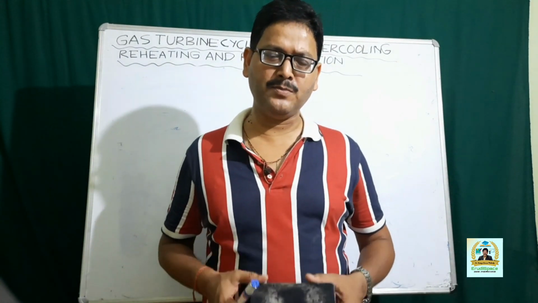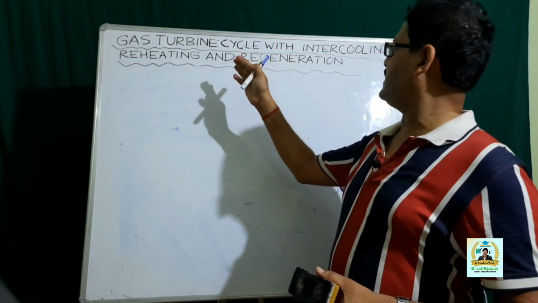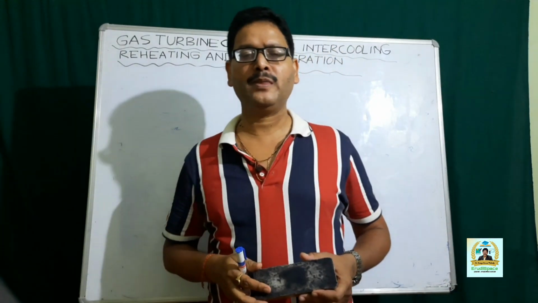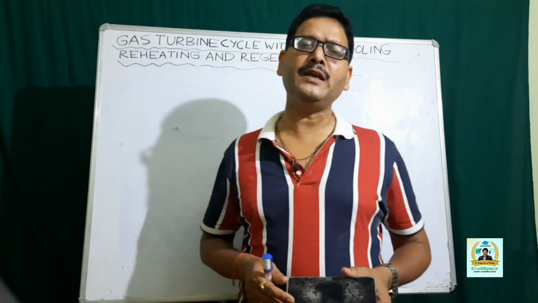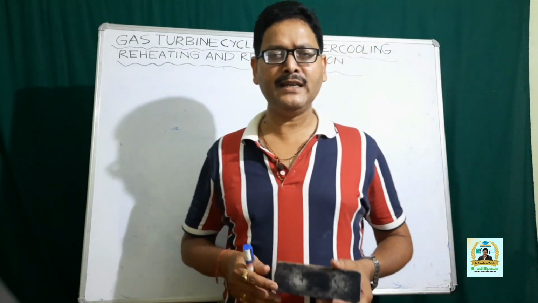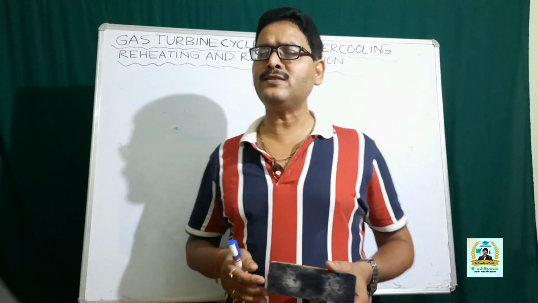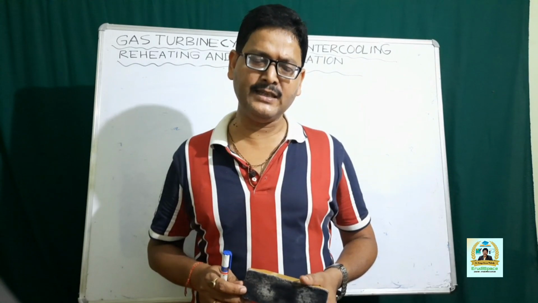I am Dr. Mohanty, and today we'll discuss the gas turbine cycle with intercooling, reheating and regeneration. While discussing the uses of intercooling, reheating and regeneration, we have discussed in detail the utilities of the intercooler, reheater and regenerator.